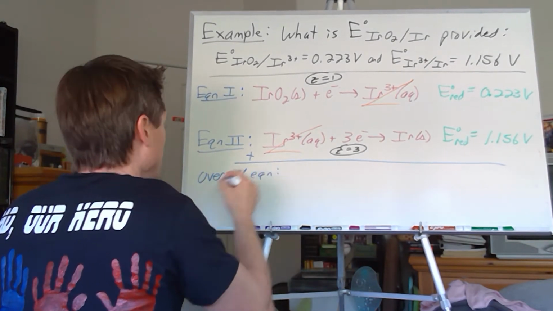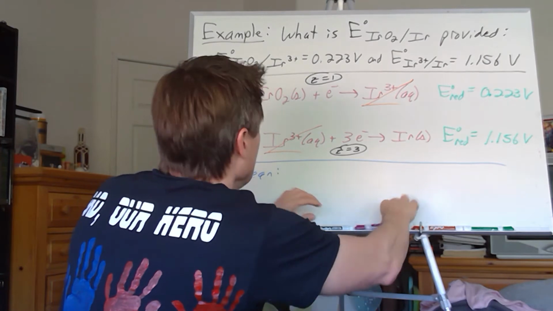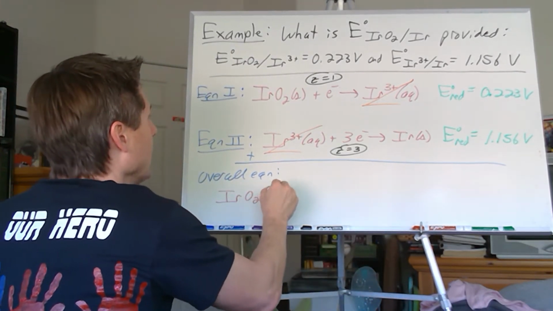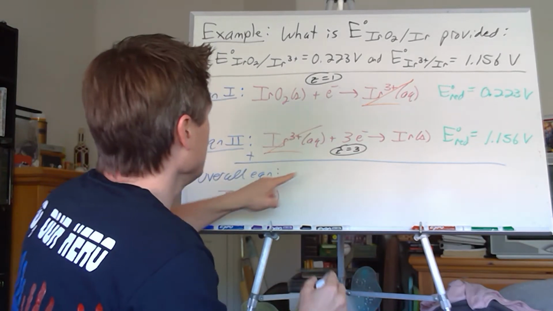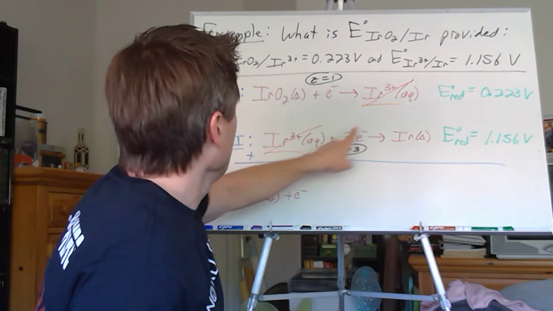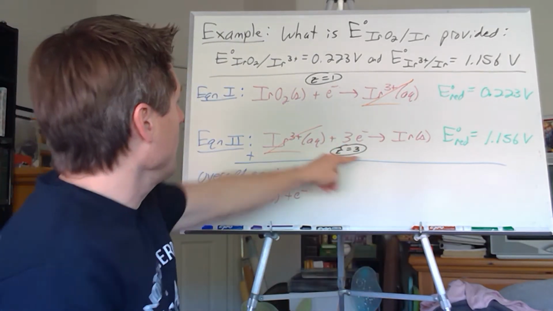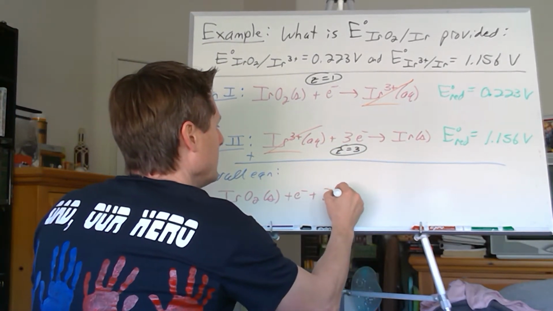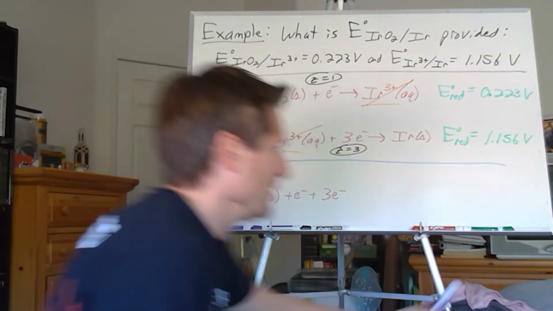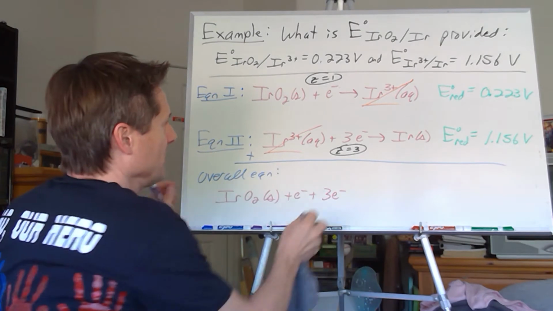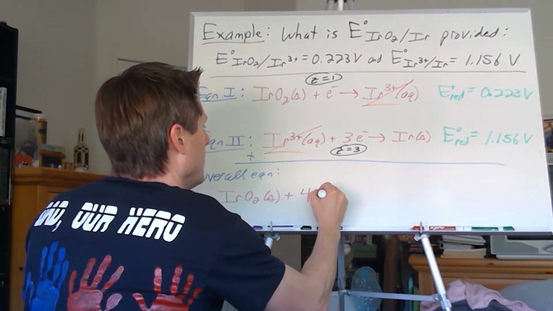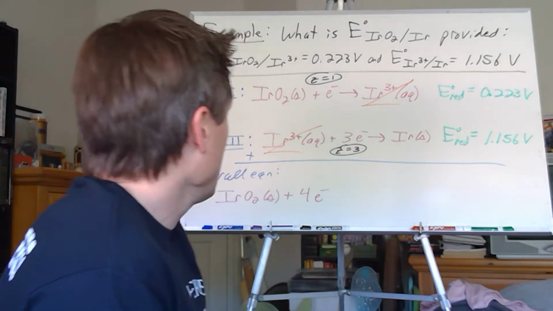Let's write that overall equation down. So I will have IrO2 solid plus an electron, right? On the left-hand side, that goes away, plus 3 electrons. Are you guys okay if I just erase that and combine that to 4 electrons? Well, let's do that. So 1 plus 3 would give me 4 electrons.